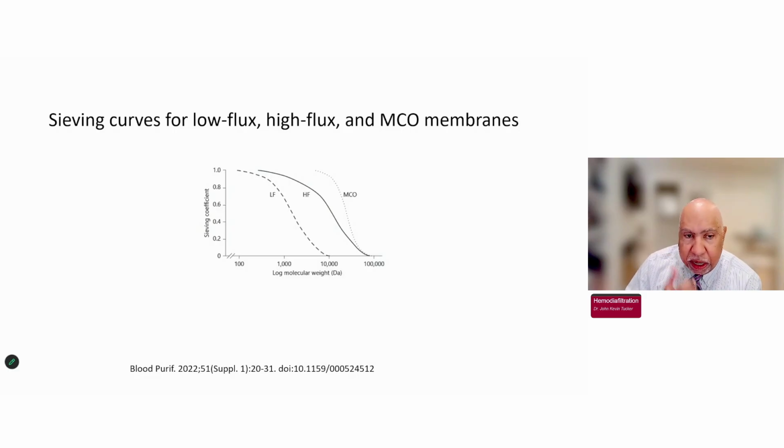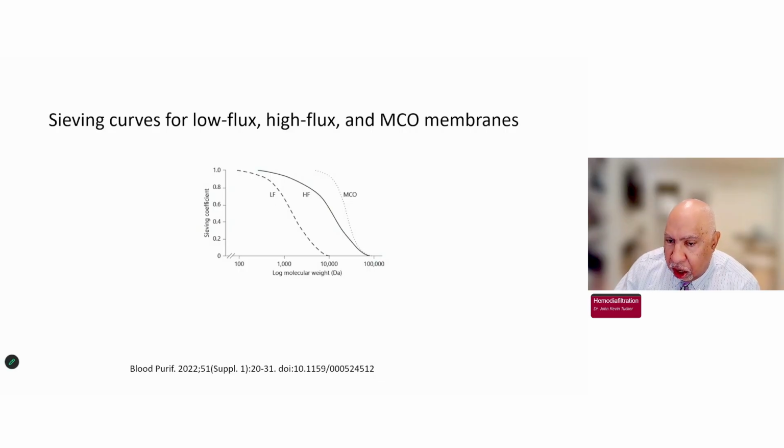Now, there's this important concept of the sieving coefficient. The sieving coefficient basically tells us how well solutes are removed with the ultrafiltrate. You can see that as we move from low flux dialyzers to high flux dialyzers, we get greater clearance of these larger solutes with these high flux membranes.